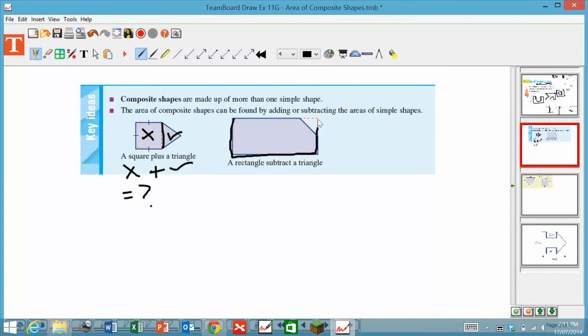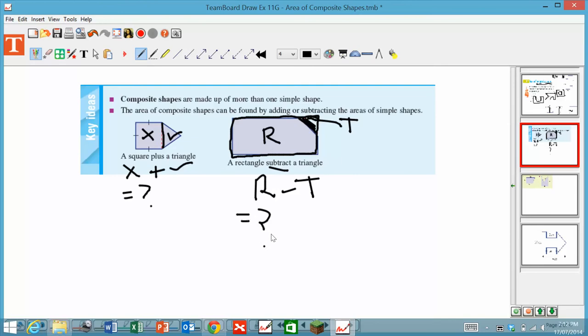Well, we don't actually have a full one, but we've had this corner cut out of it. For this question, I would find the area of the full rectangle, then find the area of the triangle, and to find the total area, I'd subtract the triangle area away from the rectangle area to get my final answer.